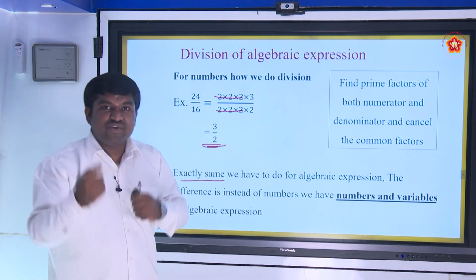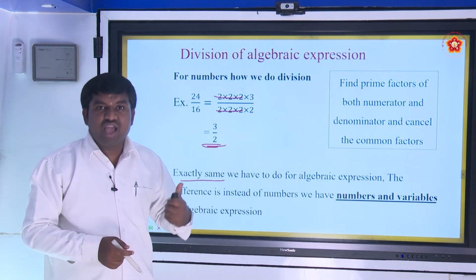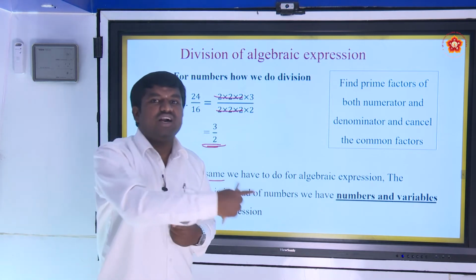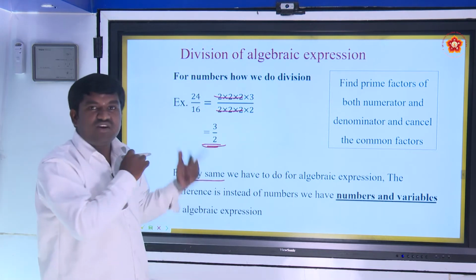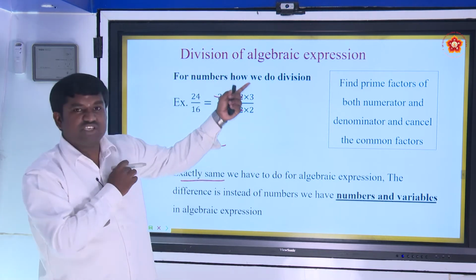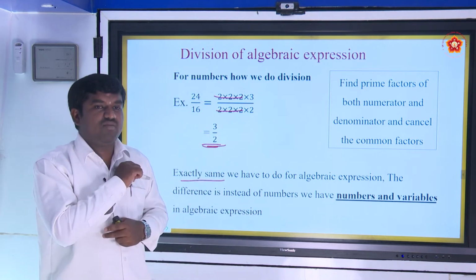The only difference is that in numbers we have only numbers, but in algebraic expressions we have numbers and variables, means constants and variables.